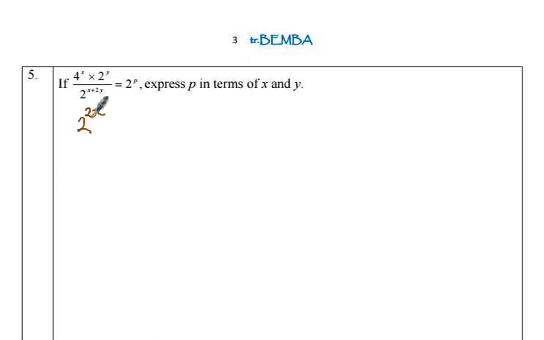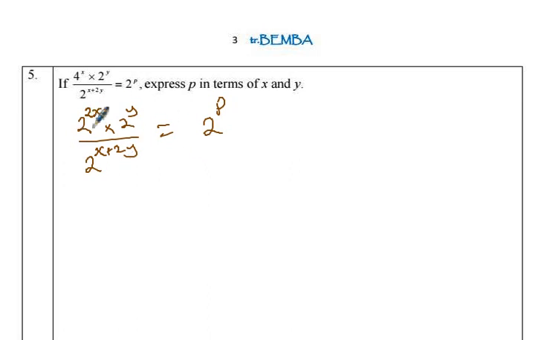When a number has a power and another power, these 2 powers can be multiplied. Then times 2 to power y out of 2 to the power x plus 2y is equal to 2 to the power p.